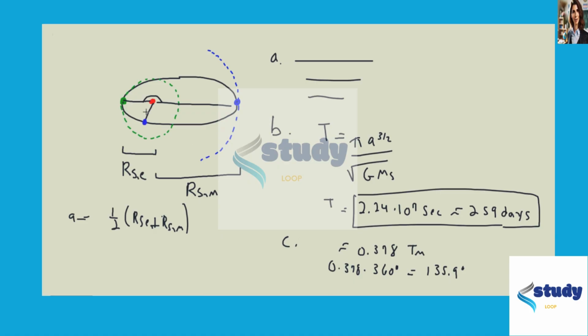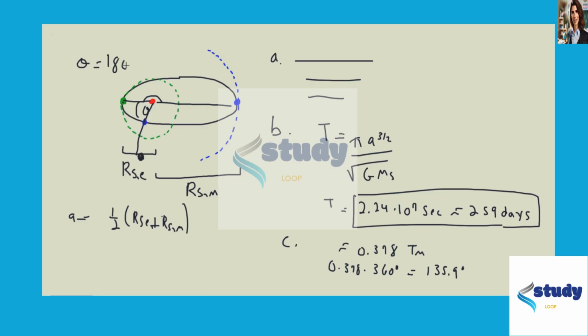If we launch when Mars is originally here, by the time the spaceship is able to get there, Mars will have traveled all the way around here. Oh, and really Mars is more out here in its orbit. So Mars is here, and then it'll have traveled over here to the right spot. If the spaceship's going 180 degrees and Mars will have gone 135.9, that means this angle theta here needs to be the difference between those.